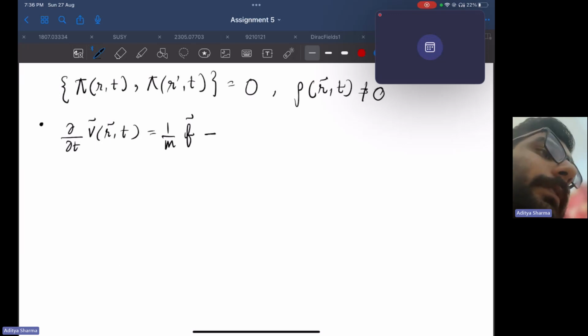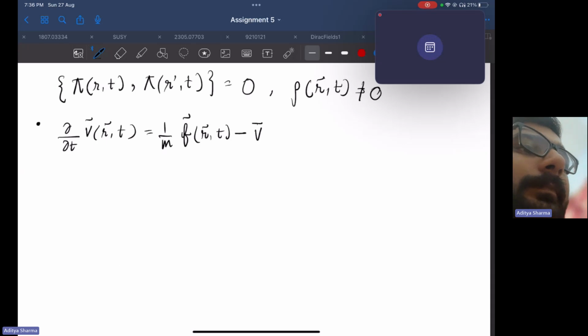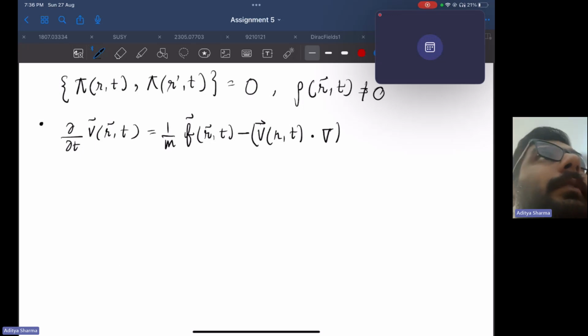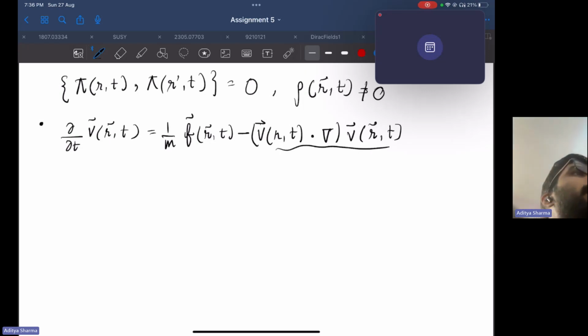Where F is the external force acting at the point R at time t minus velocity at point R at time t dot convective derivative. This part is called the convective derivative.